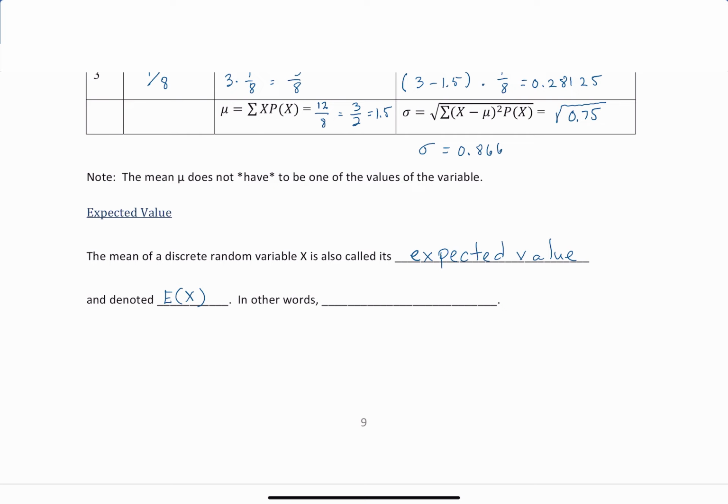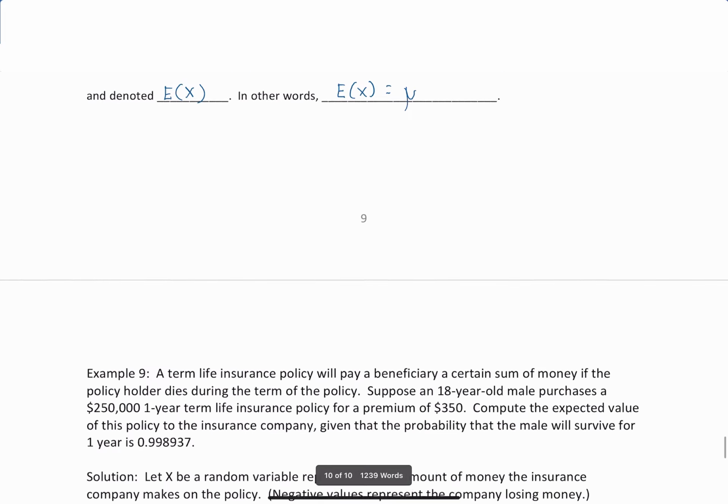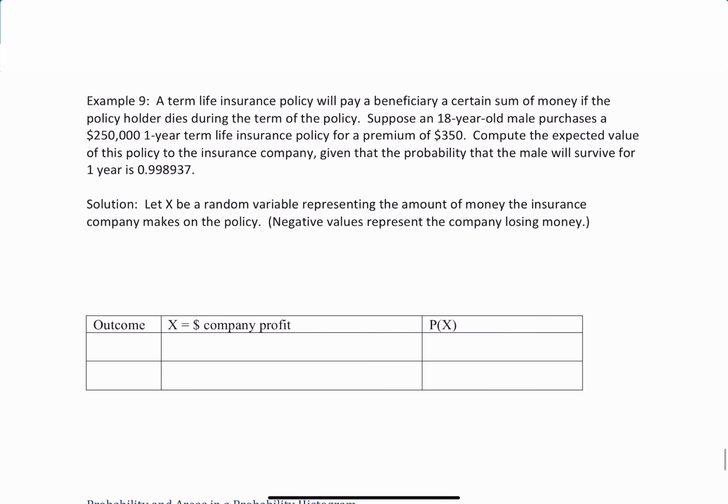So in other words, when you see E of x, think mean, mu. Let's see an example of that and why we might use that terminology, or why someone might prefer that terminology in certain situations.